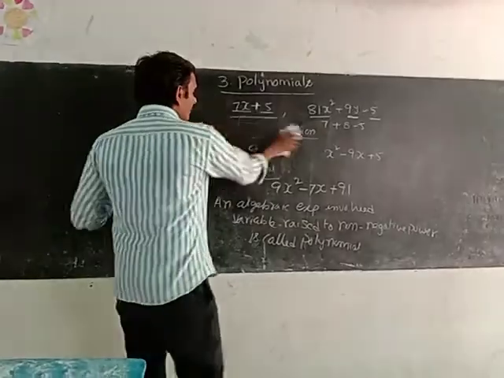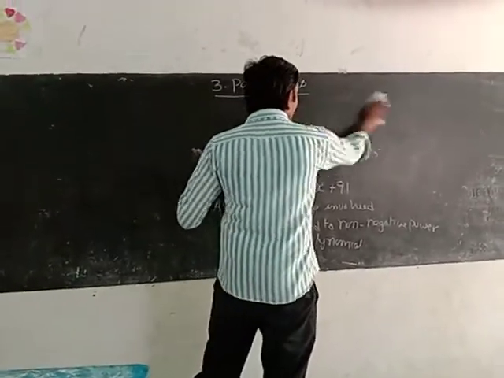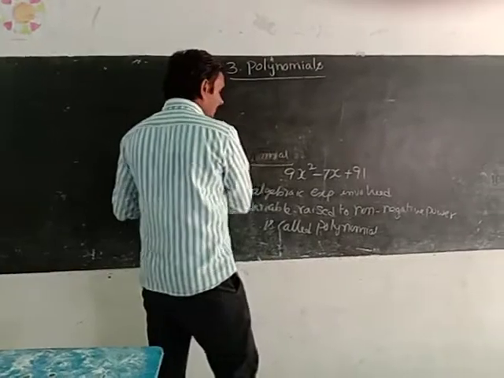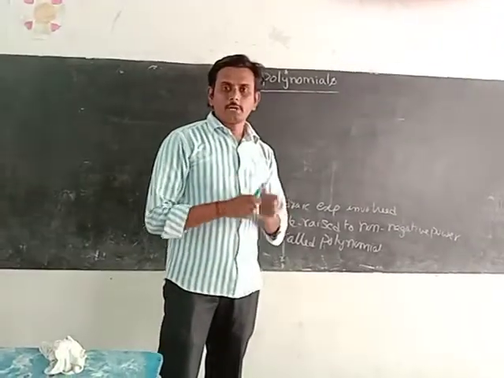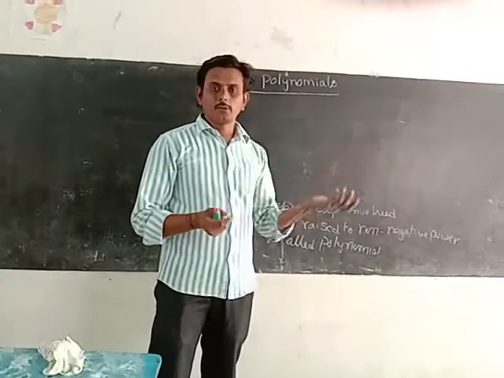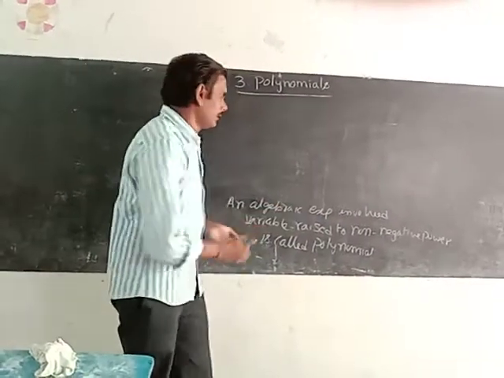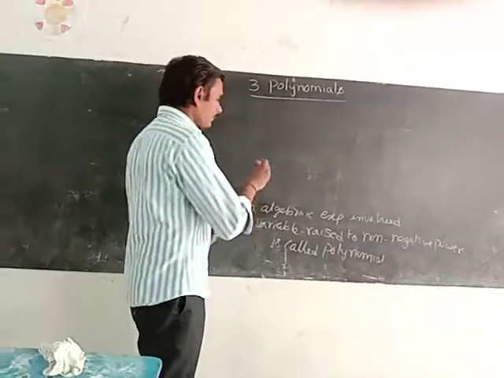Now we have to know which are not polynomials. Already we know which are polynomials. The expression should have a variable raised to a non-negative power. That is called a polynomial. Which are the non-polynomials?